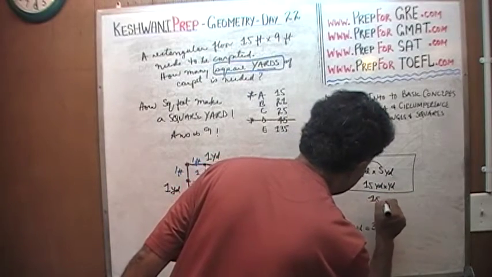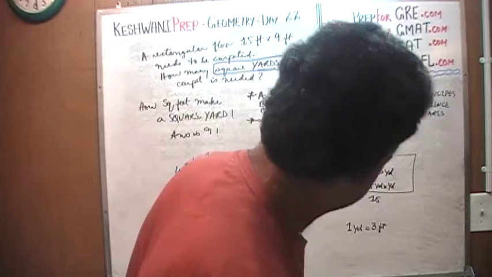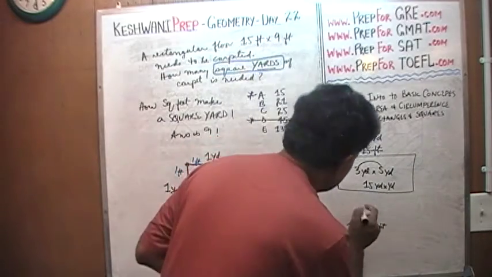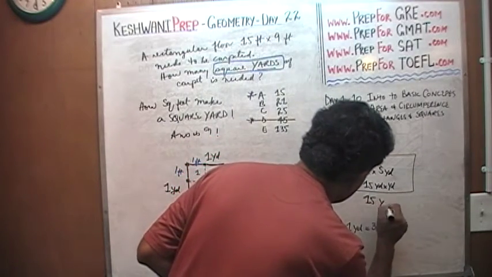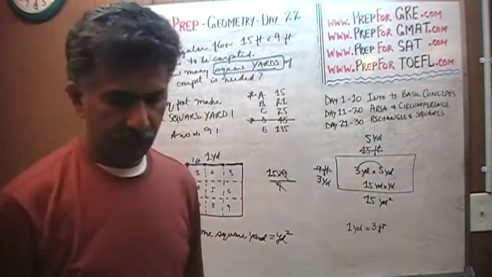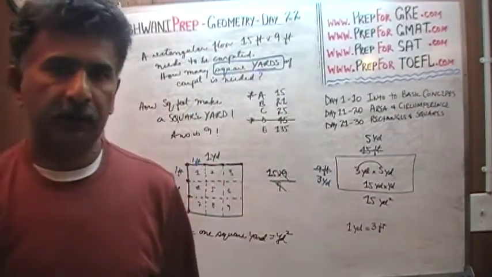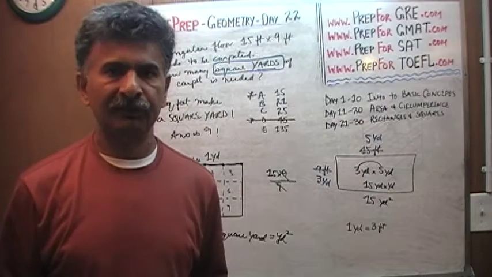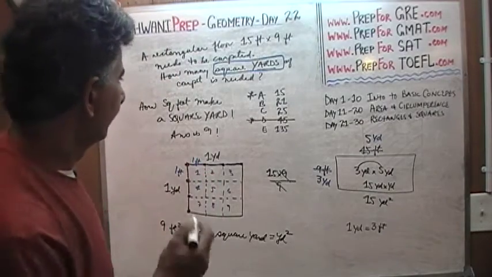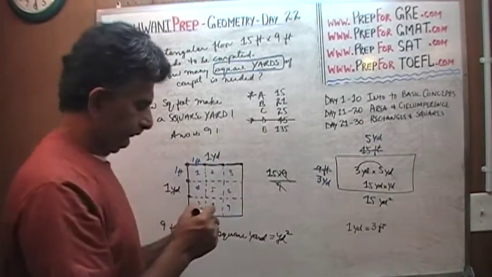So 15 yards squared, but convention dictates that we read this as square yards. The answer is 15. That's it.